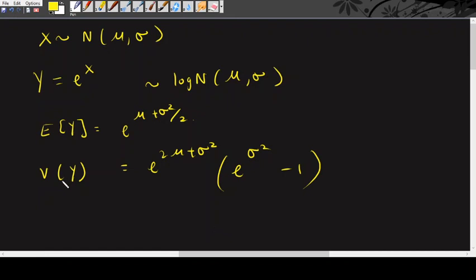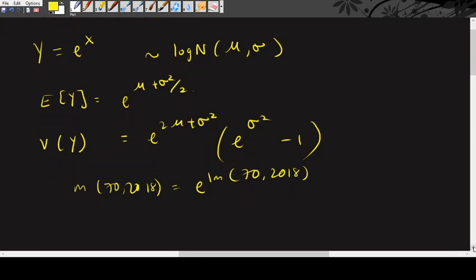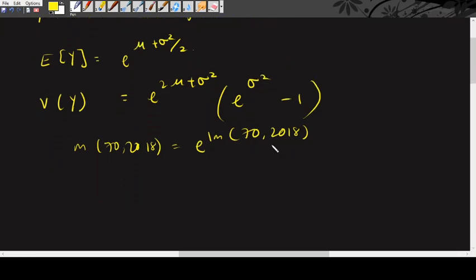For our case, we know that M70 2018 is e to the log M70 2018. Since this is normally distributed with negative 3.1 and 0.028 for sigma, M70 2018 is log normal.